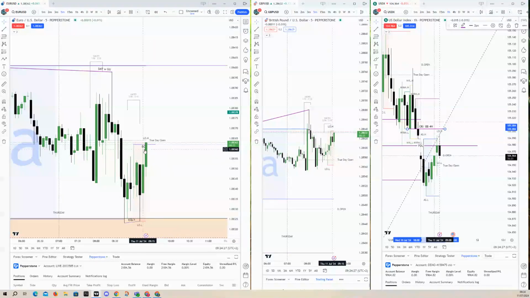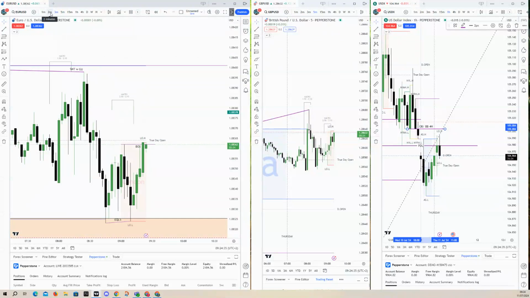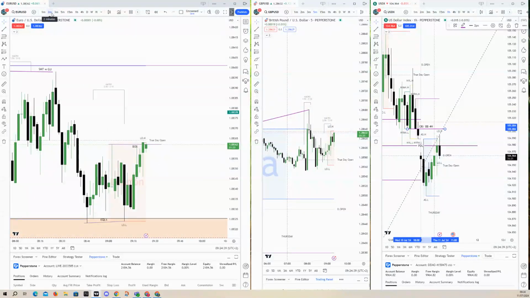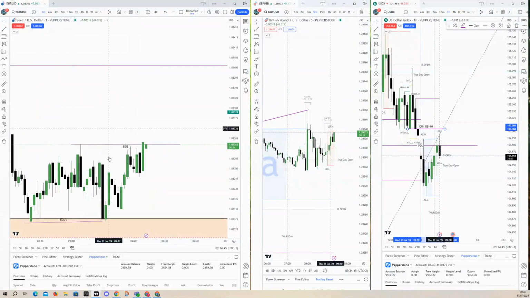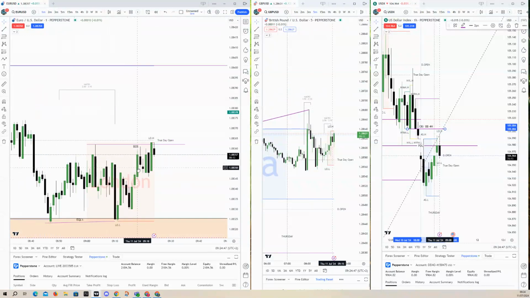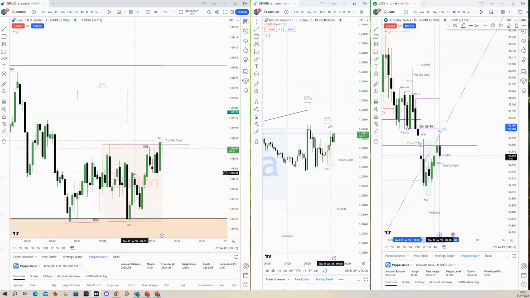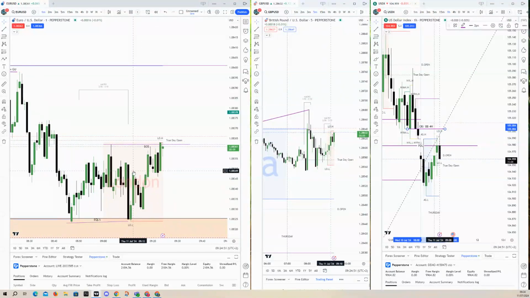So until we really pull through this level and leave a fair value gap, which it hasn't even done on a 3-minute, just a small one on a 2-minute. On the 1-minute, yes, it did, but the 1-minute for me is not the time yet.